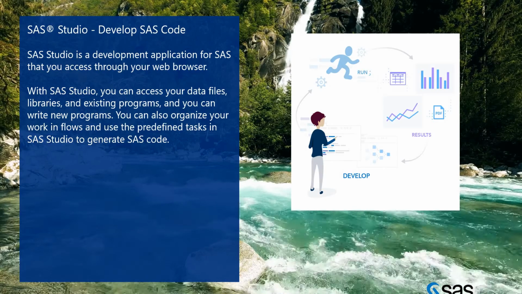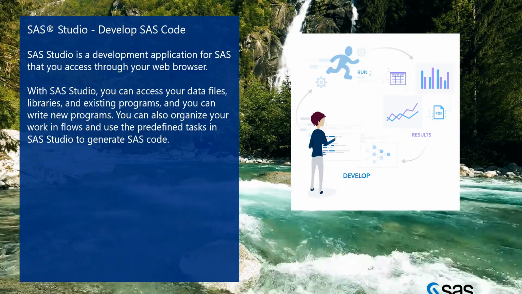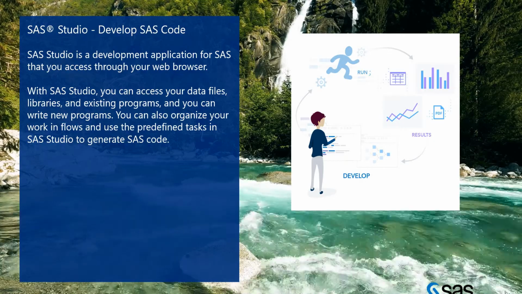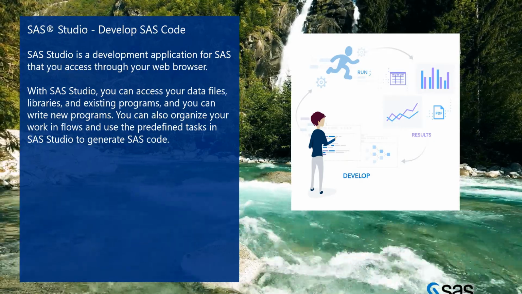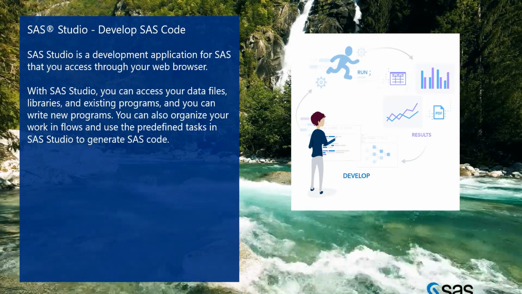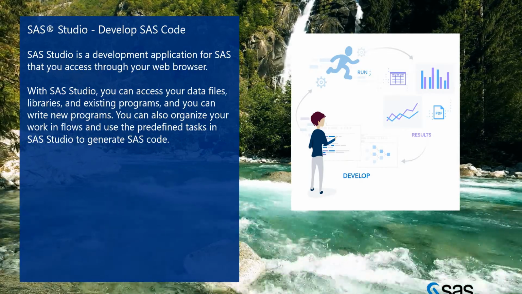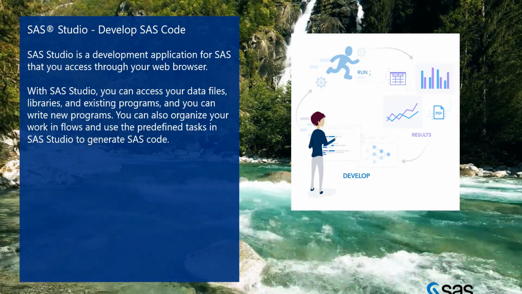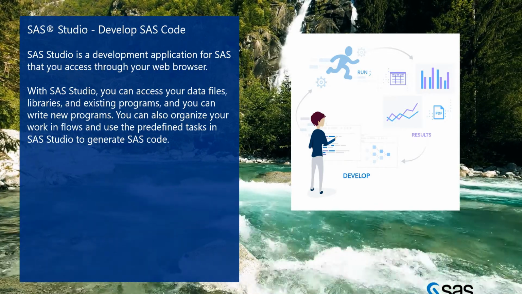So let's see what SAS Studio is. SAS Studio is a development application for SAS that you access through the web browser. With SAS Studio, you can access your data files, libraries, existing programs, and you can write a new program. You can also organize your work in flows and use predefined tasks in SAS Studio to generate SAS code.